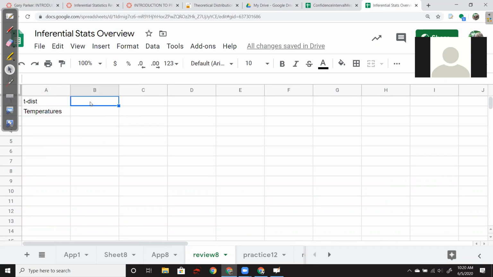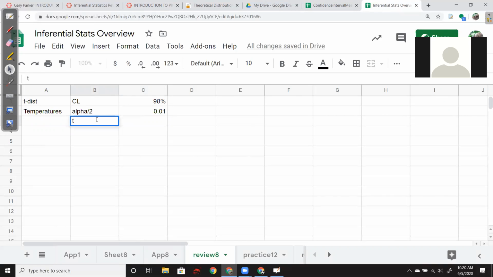So to get the t-score for a confidence level of 98%, we need to know what alpha over 2 is, right? The tail probability, alpha over 2. So it's a little more work in a spreadsheet. First I have to go 1 minus the confidence level to get alpha, and then I can cut that in half, and the parentheses are important. So that puts 1% in the tail, which is right.